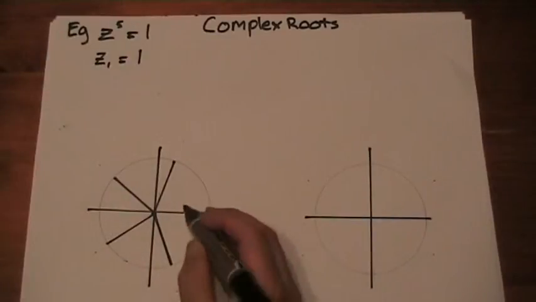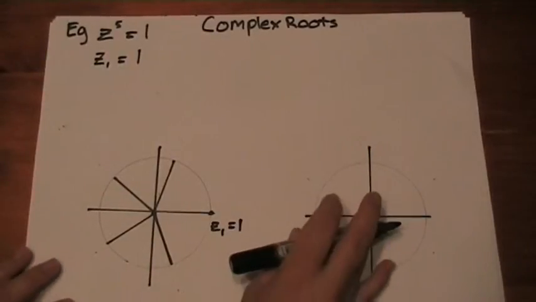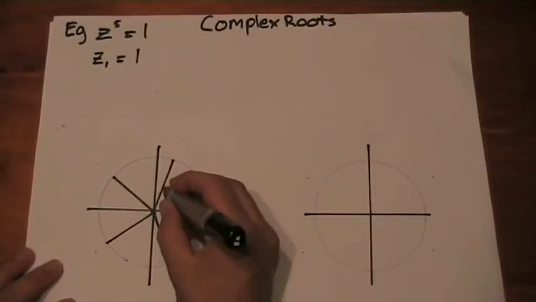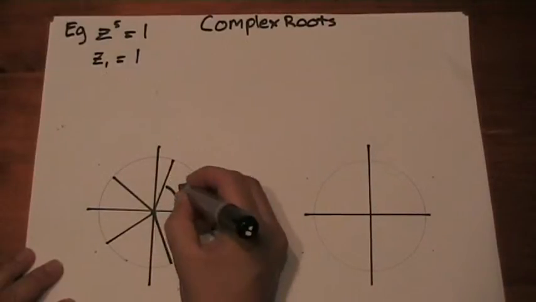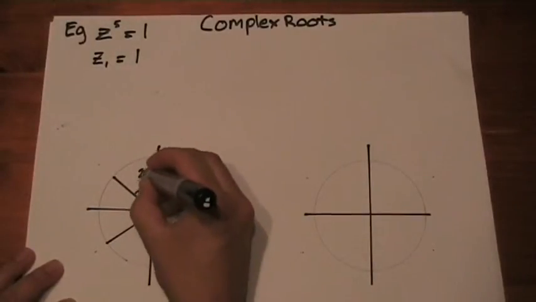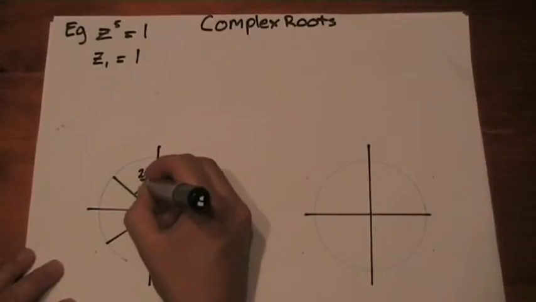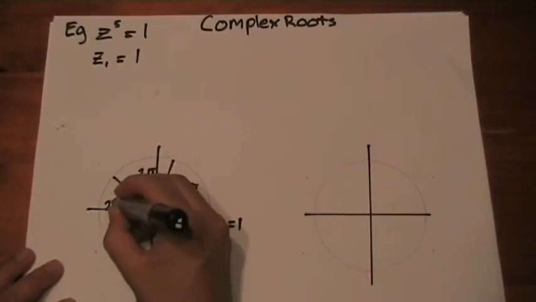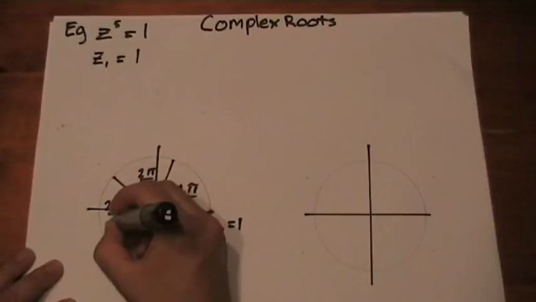Each of these sections divides 2 pi into 5, so this angle in here will be 2 pi over 5. This angle in here will similarly be 2 pi on 5, and so on for all of the other sections as well.